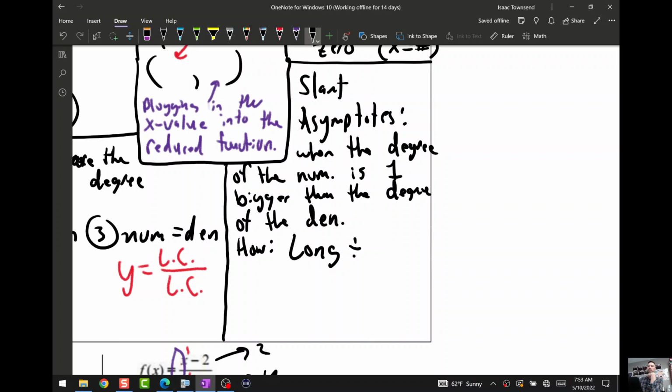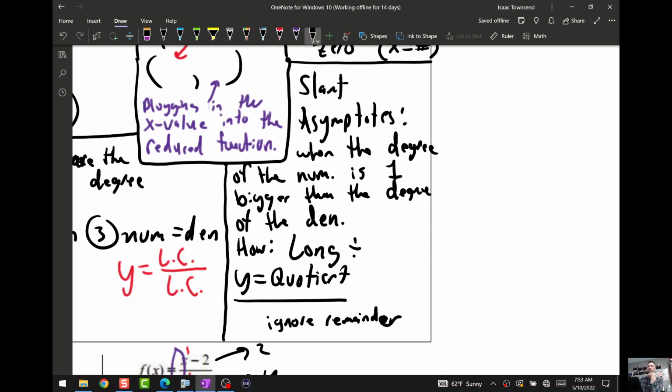We have to long divide them, and our answer is going to be y equals whatever the quotient is. So ignore the remainder. If there's a remainder, it has no effect on the slant asymptote.